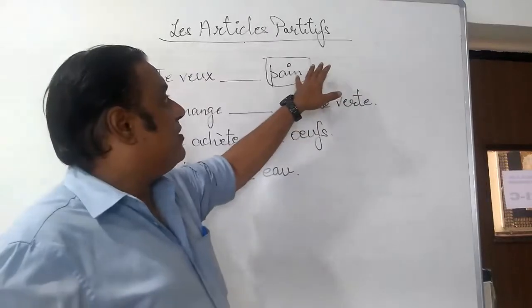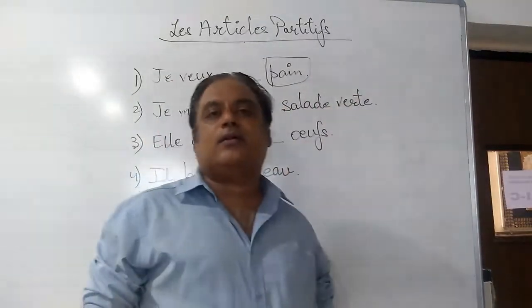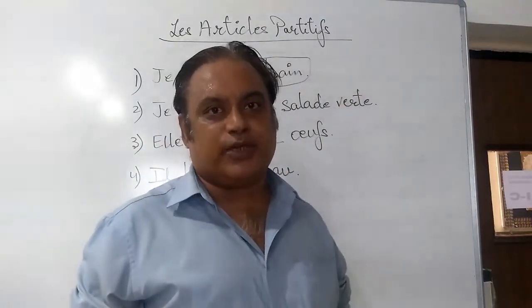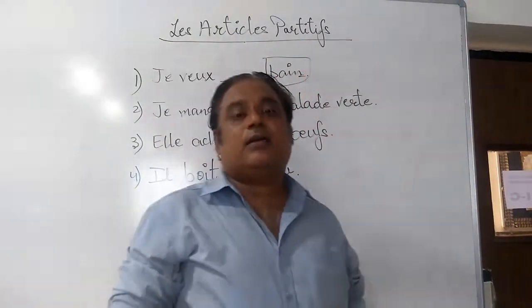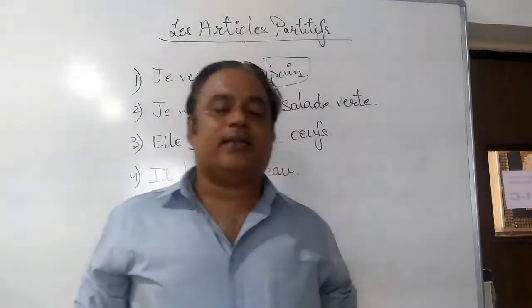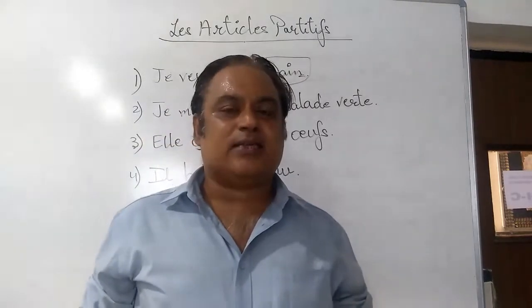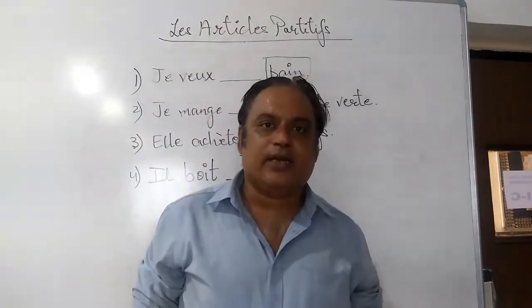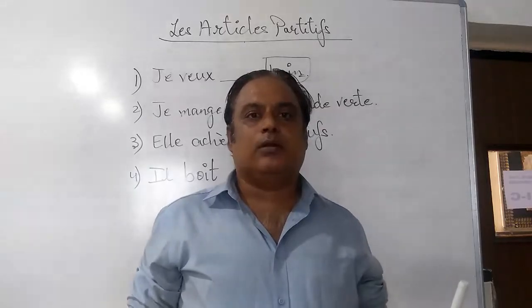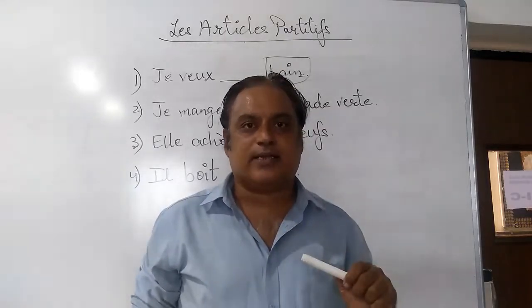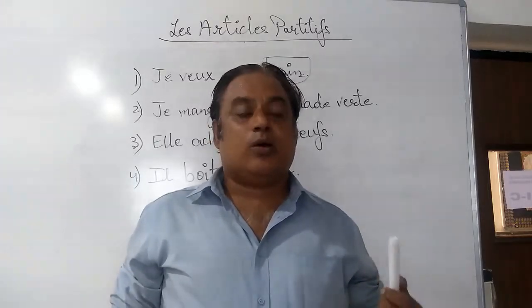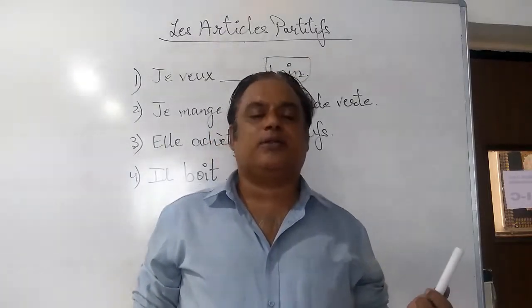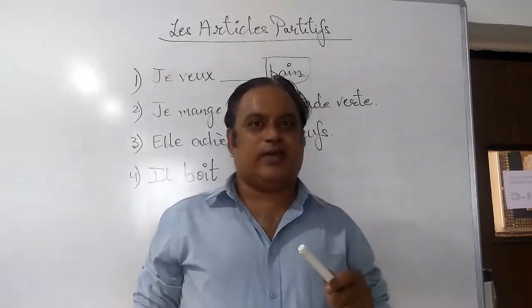The second step: find out the number of the object. As I earlier told you, the word which is ending in either S or X or Z is generally considered to be plural. In French, we have 3 plural endings. The word ending in S or X or Z is generally considered plural, not always.